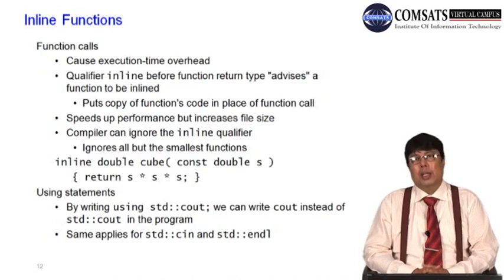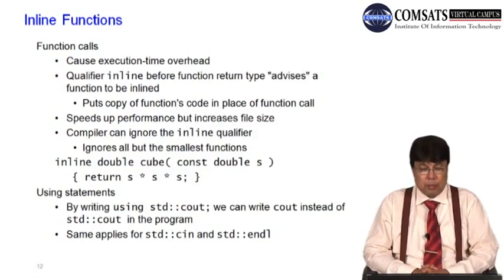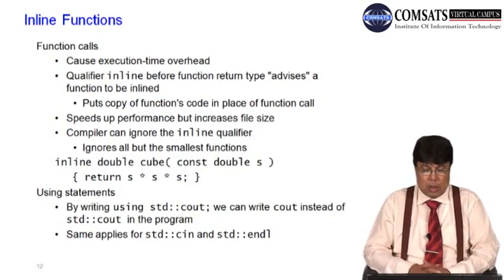Productivity means you can save much time, the time that the system consumes in transferring the control and coming back to that particular calling program or calling position. So it speeds up the performance but increases the file size, obviously. So the compiler can ignore the inline qualifier, and it can just insert that one-line function or a couple of line functions over there, and then you can just use it.